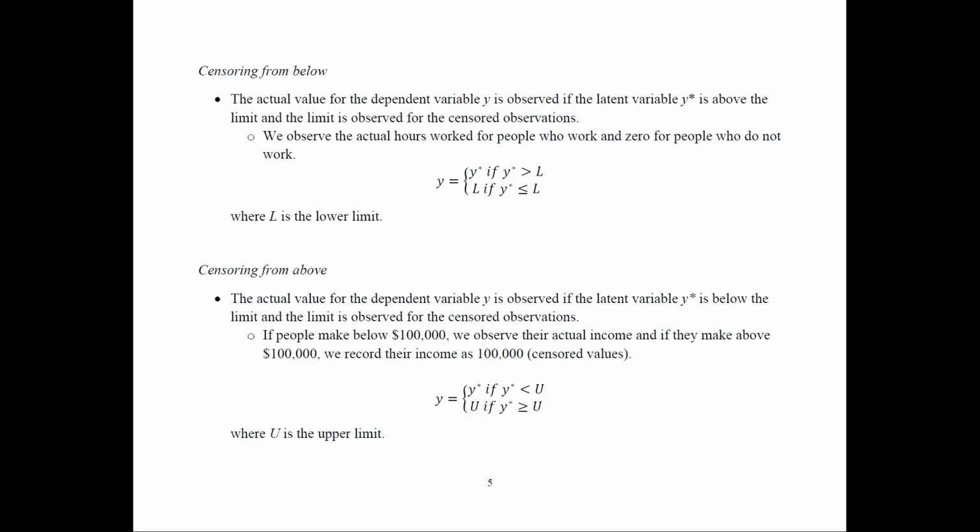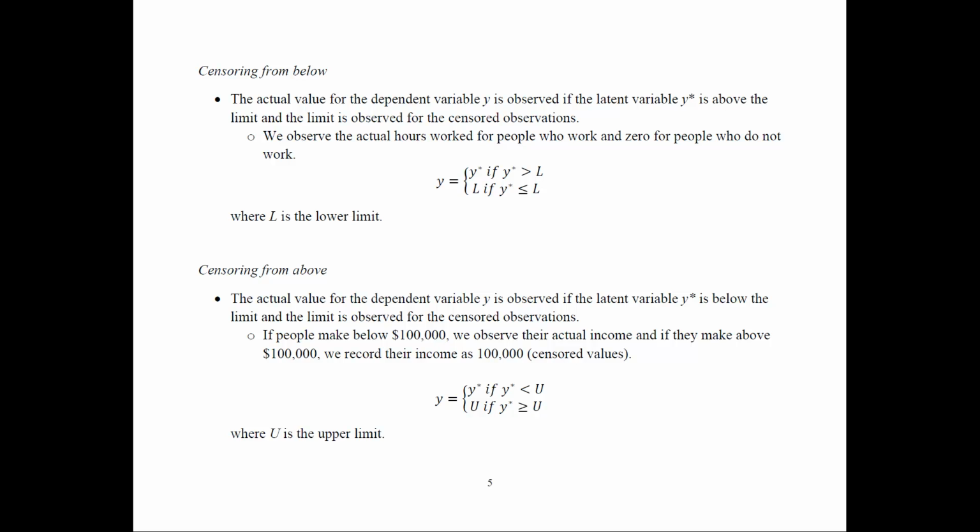Okay, so here I have the mathematical notation for censoring from below and censoring from above. If we have censoring from below, the actual value of the dependent variable y is observed if the latent variable y star is above the limit, and the limit is observed for censored observations.